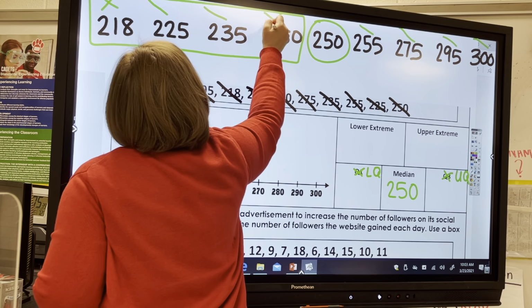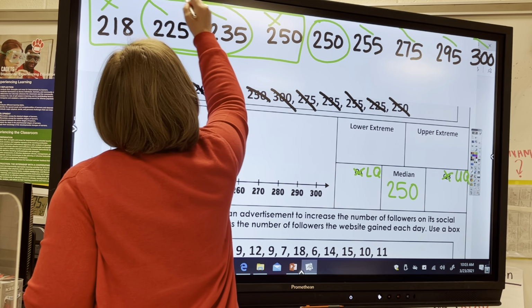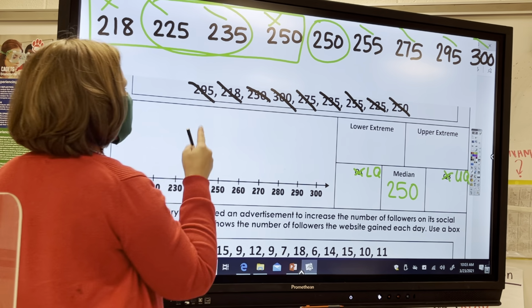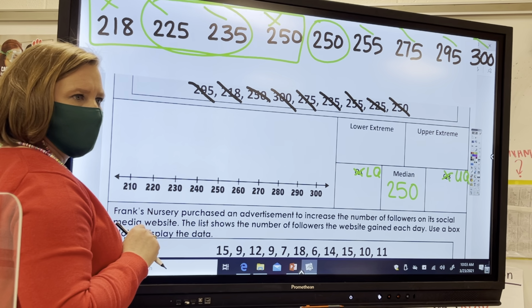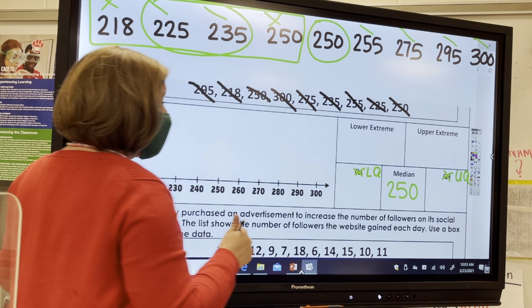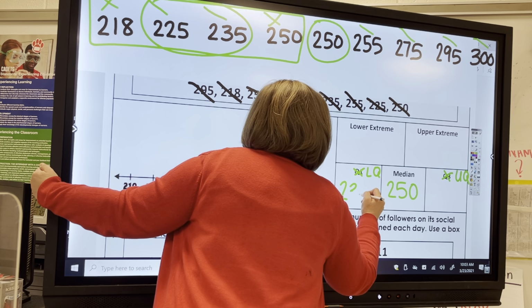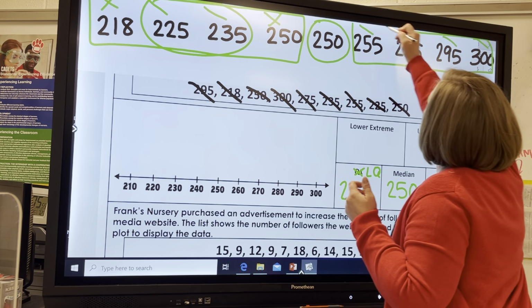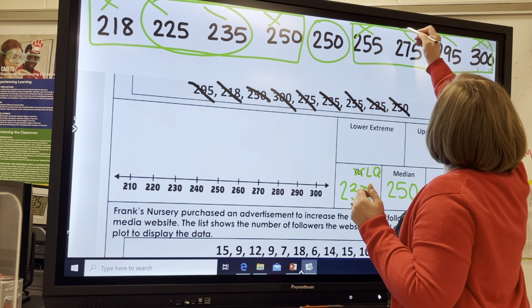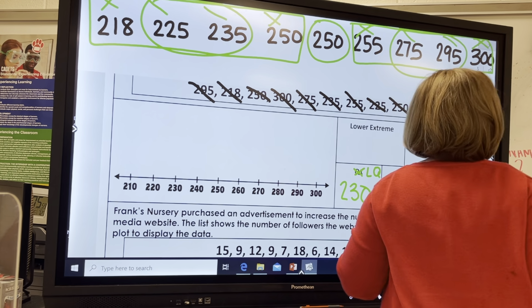All right, what did you get for the median of the lower part? What's halfway between 225 and 235? 230. Good job, Abby. All right, the upper part. What's halfway between 275 and 295?